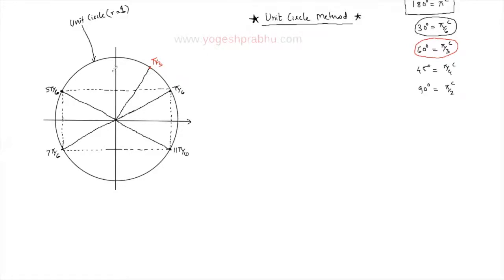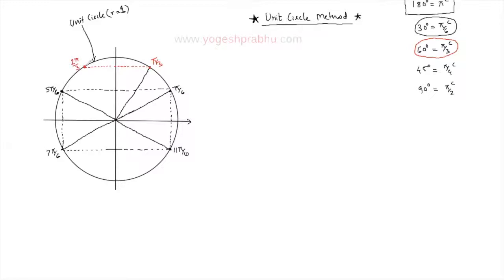Now once you get this as pi by 3 radians, what is the next angle on the unit circle? You just have to go here. And the next angle after pi by 3, once again you have 1 pi by 3. Next is 2 pi by 3. Is 2 getting simplified with 3? No, there is absolutely no simplification, right? So the next number that does not get simplified with 3 over here is 2 pi by 3.